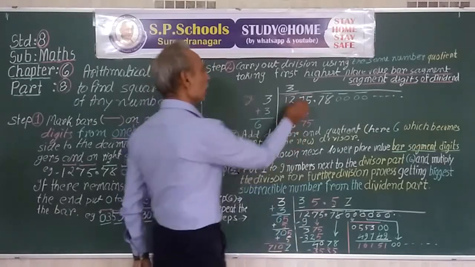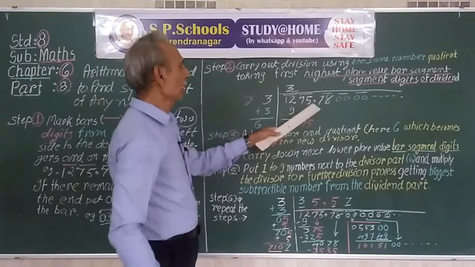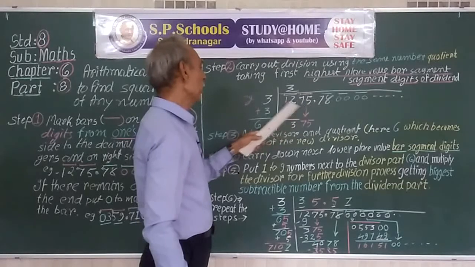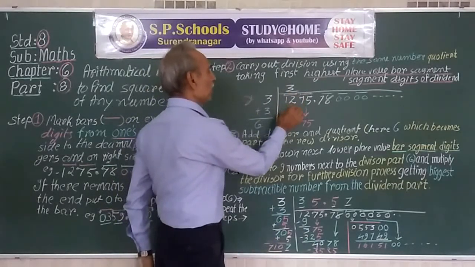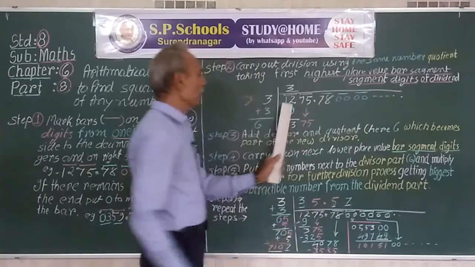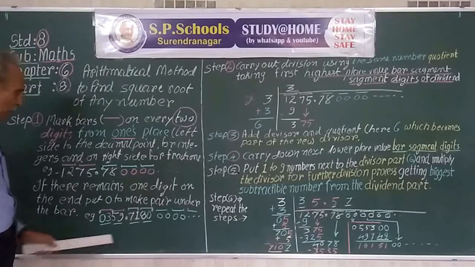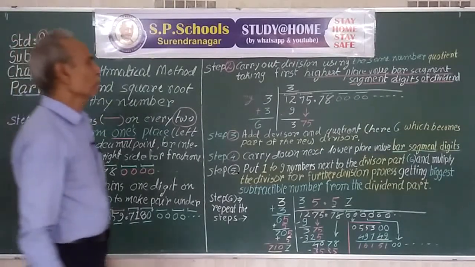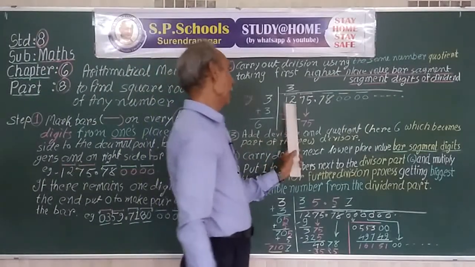Now we have divided this into segments from the decimal point: 75 and 12. Take the highest segment. So we have to deal with this highest segment, which is 12 here. Now 12 is the first segment that we have to divide.